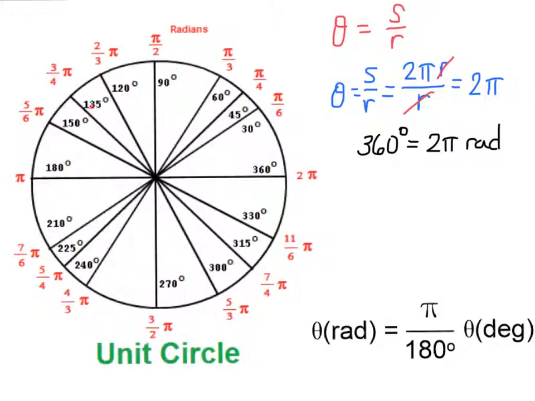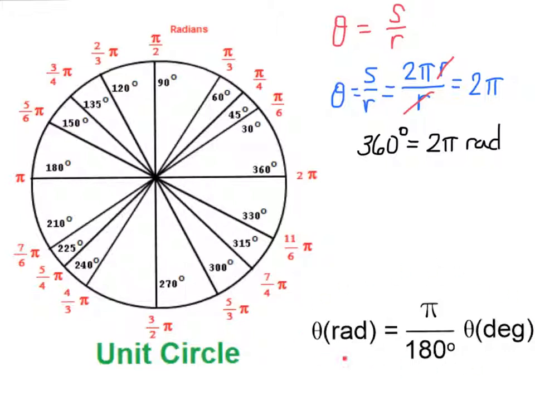So here we have a circle depicted with both degrees and radians, and this is not the only number of degrees that we can convert into radians. We can convert any number of degrees into radians. We simply multiply the angle measured in degrees by 2 pi divided by 360 degrees, and in this way we can do that conversion.